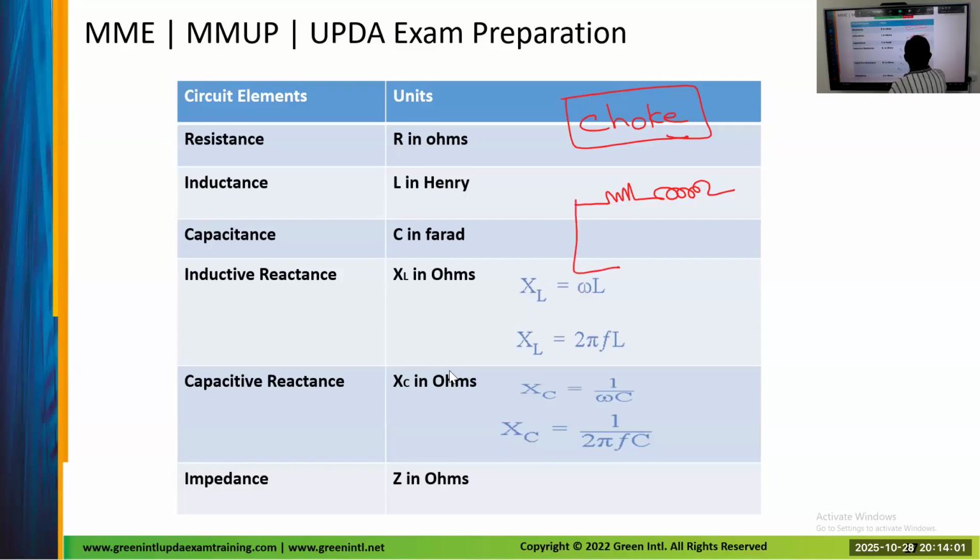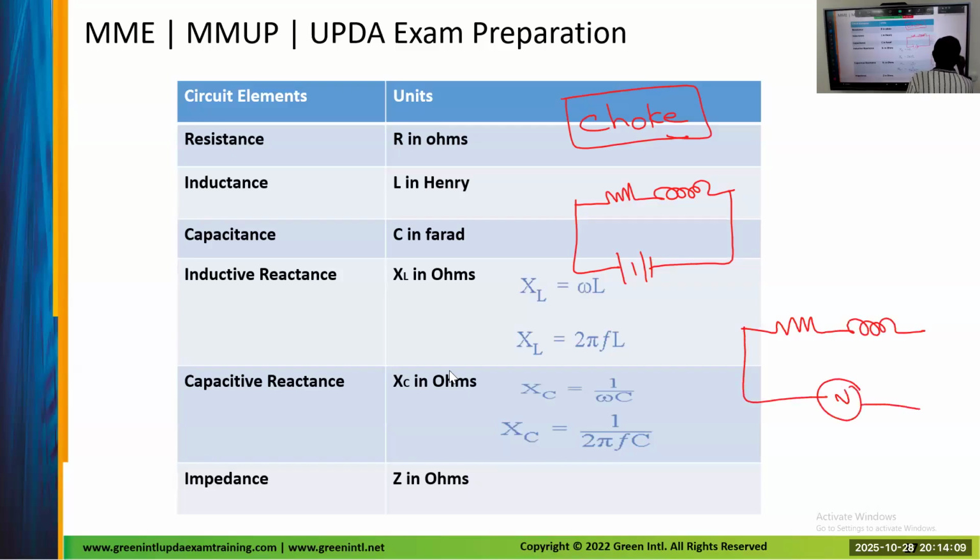So here we are giving a DC supply. Here we have R and L, and we are giving the DC supply. Then we give the AC supply. What is the frequency for DC? 0, because it is the DC supply.